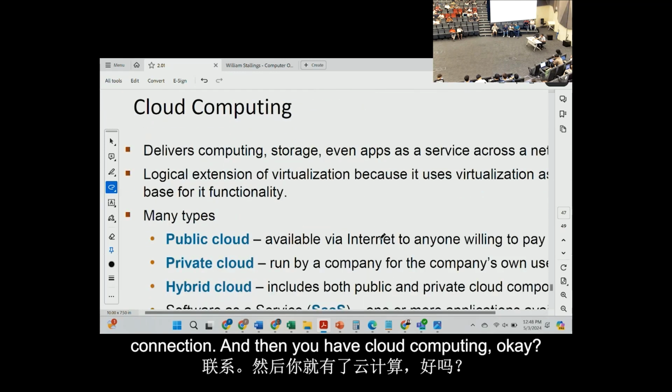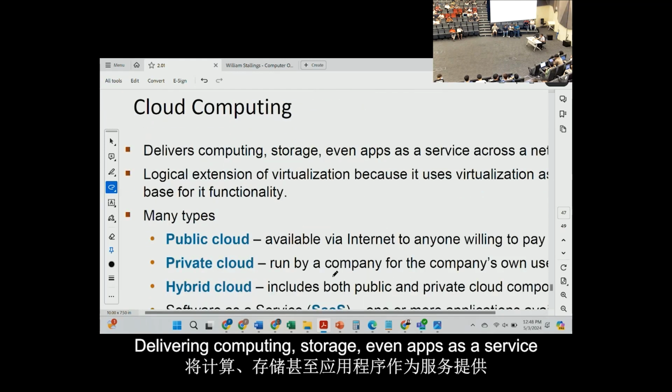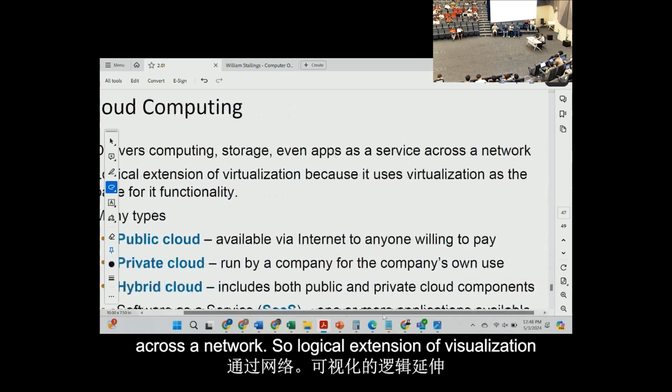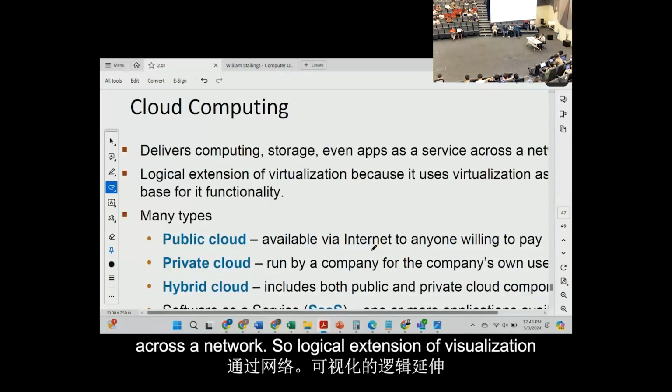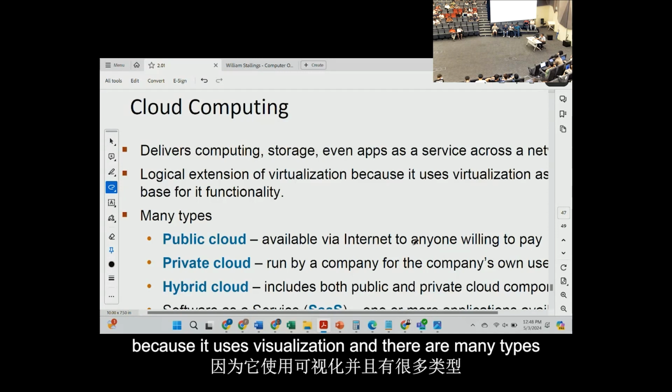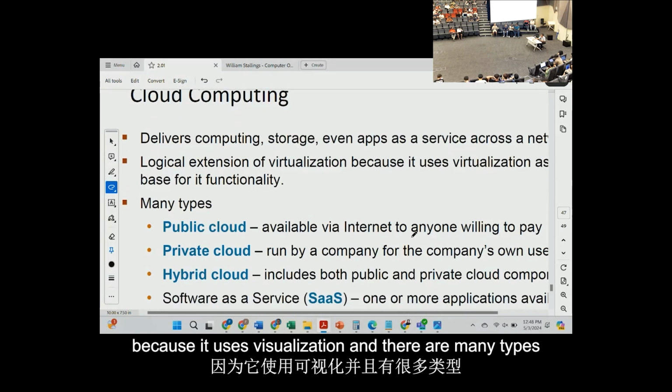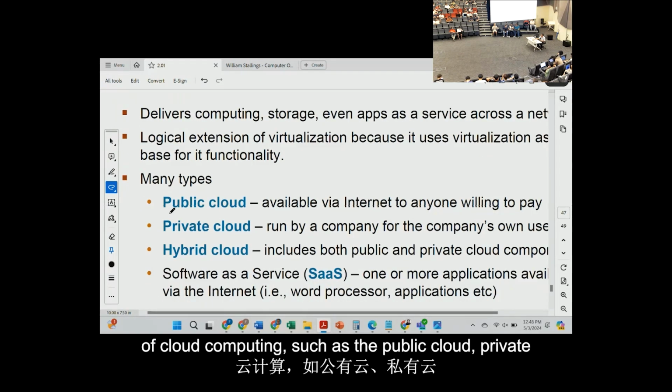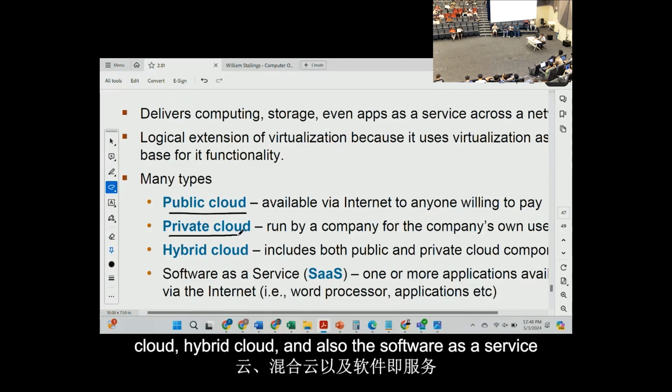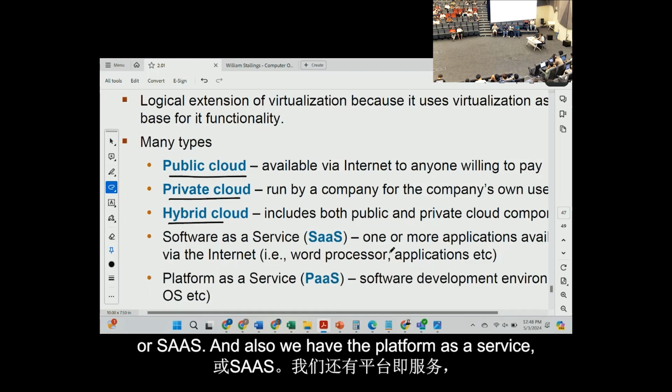And then you have cloud computing, delivering computing, storage, even apps as a service across a network. It is a logical extension of virtualization because it uses virtualization. There are many types of cloud computing, such as public cloud, private cloud, hybrid cloud, and also software as a service, or SaaS.